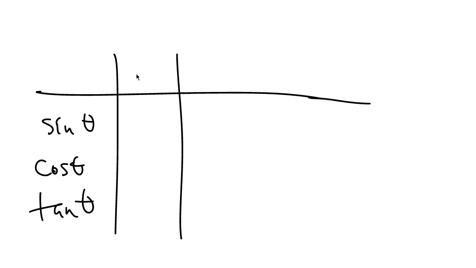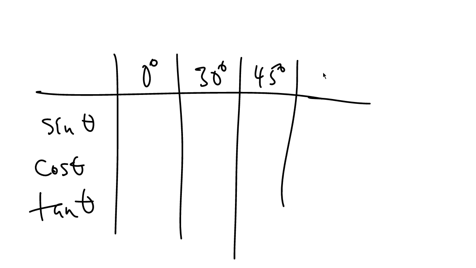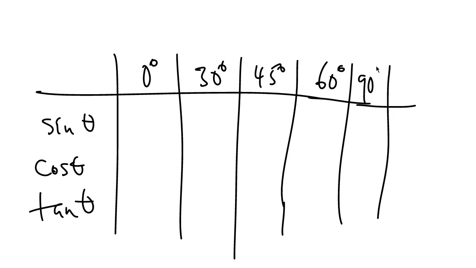And then you draw a line: 0 degrees, 30 degrees, 45 degrees, 60 degrees, 90 degrees, and let me add 180 here. But we're not focusing on 180 now.